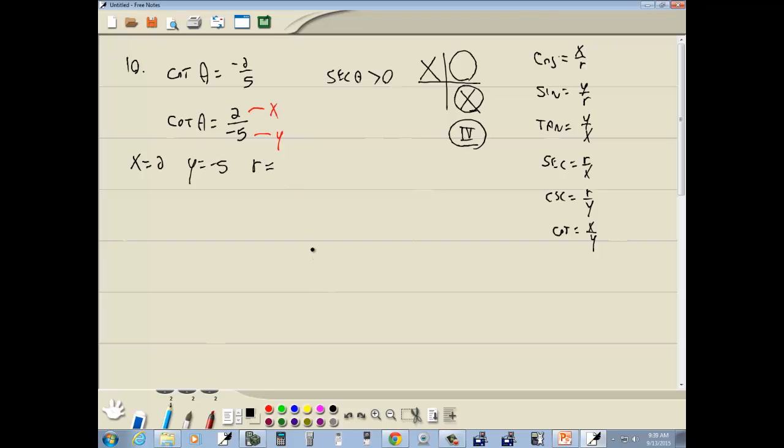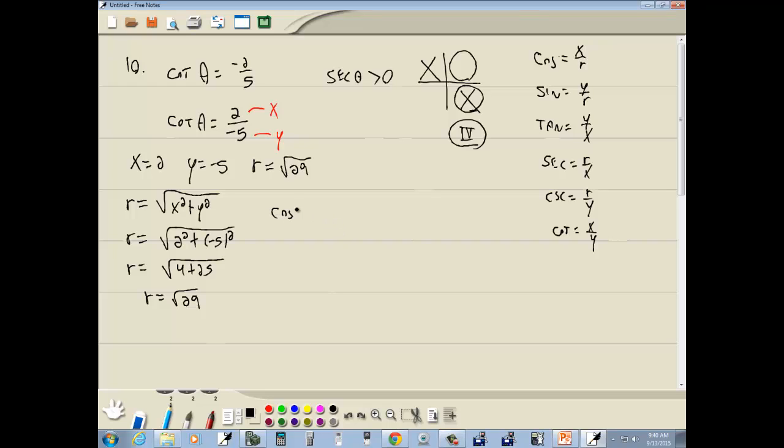We need x, y, and r. Well, r is going to equal the square root of x squared plus y squared. Well, x is 2, so we got 2 squared plus y, which is negative 5 squared. So that gives us 4 plus 25, or 29. So r is equal to square root of 29.